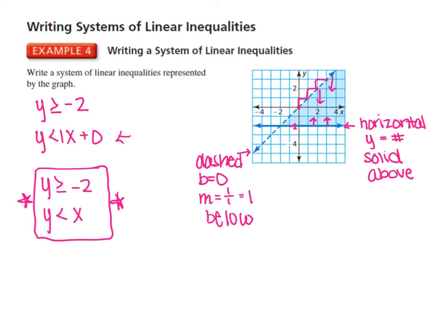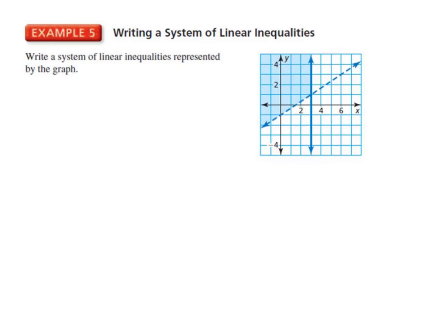If we look at one more together. I see a vertical line, right? It's a solid line. Okay. The shading is to the left, which was another way of saying smaller numbers, right? So that's like saying below a value, right?